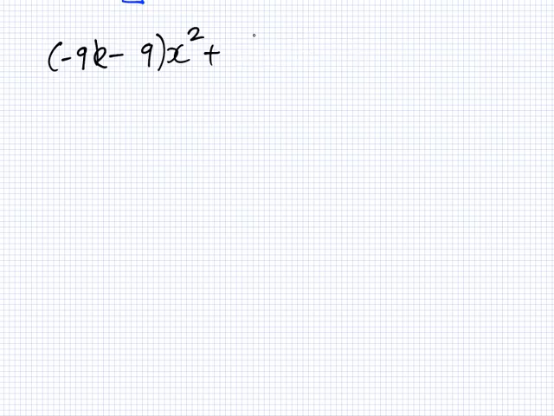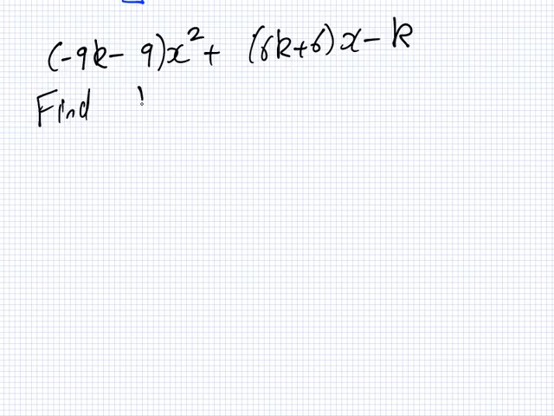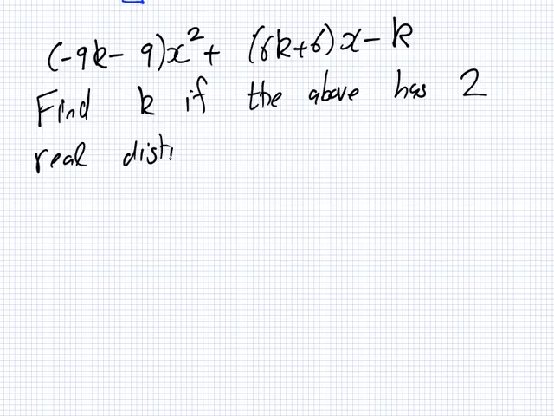Plus 6k plus 6x minus k. Right. Find k if the above has 2 real distinct roots. Okay, I'll do this one now.